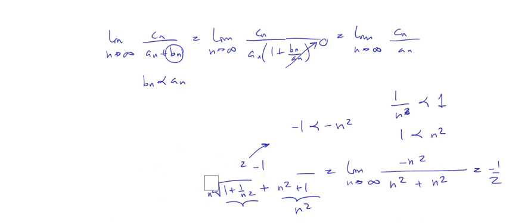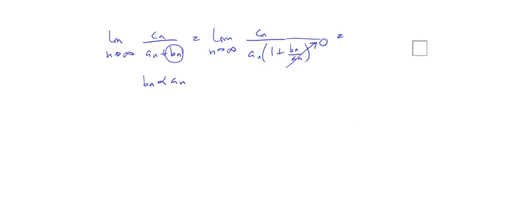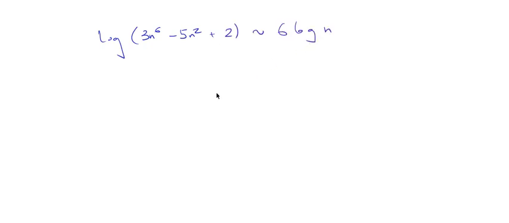Okay, so just one last example using this rule. We have to show that the logarithm of 3n to the 6 minus 5n squared plus 2 is asymptotically equivalent to 6 times the logarithm of n.